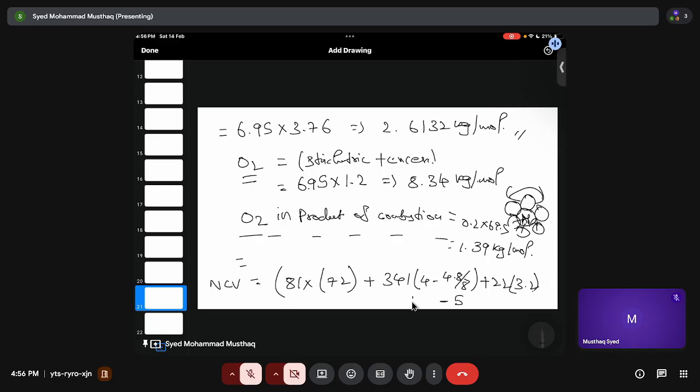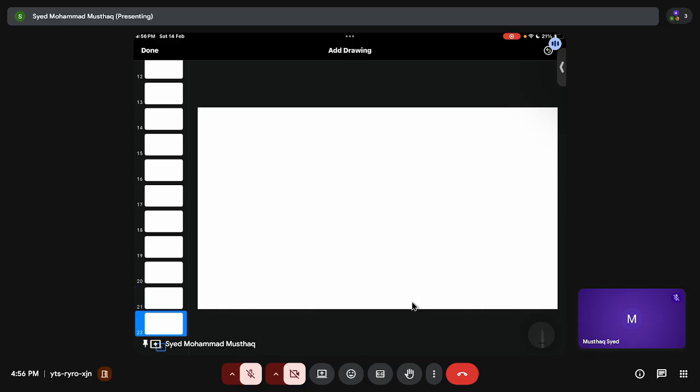Because it is on dry basis, there is no moisture, it is 5.84 into 9 times 4, 36. So this value will be 6851.56 kilocalorie per kg. I already did this, so I'm just pasting that value.